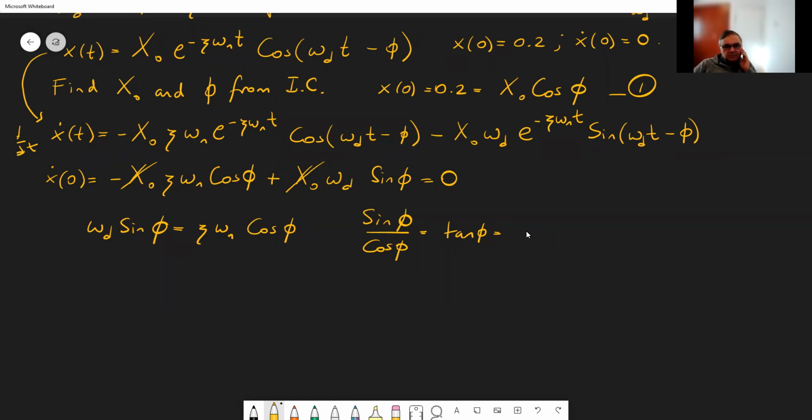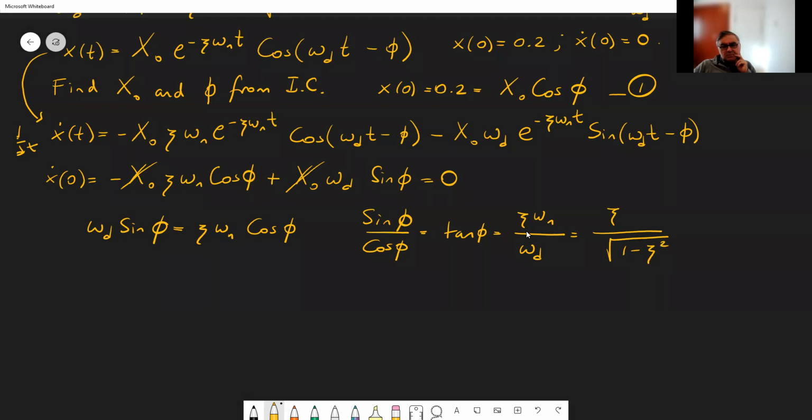This is because of the initial condition. Tangent phi, what would that be? Zeta omega n over omega d. This will be actually, omega d is omega n root 1 minus zeta squared.